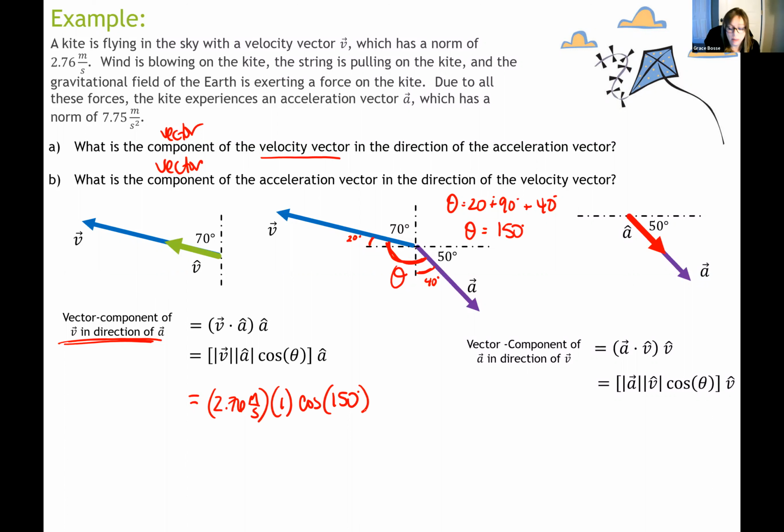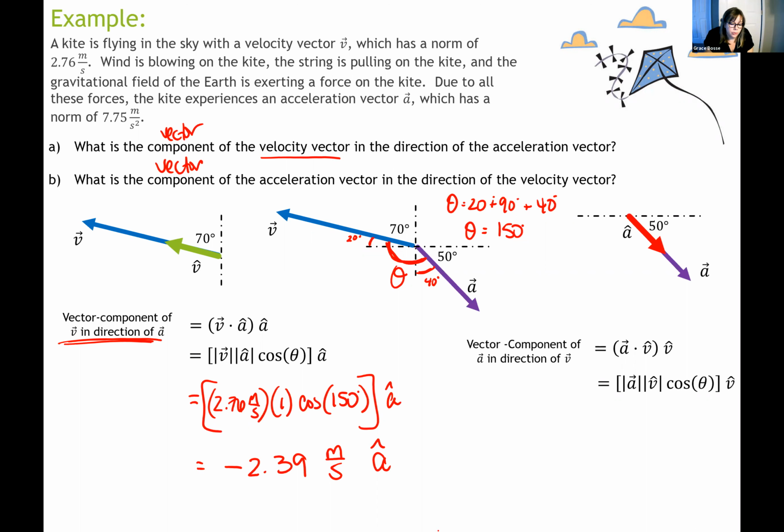All of this is being multiplied by unit vector A hat. Now you can plug stuff into your calculator and get a number out. I get 2.76 times the cosine of 150 is negative 2.39 meters per second A hat. And that is the vector component of the velocity in the direction of the acceleration.